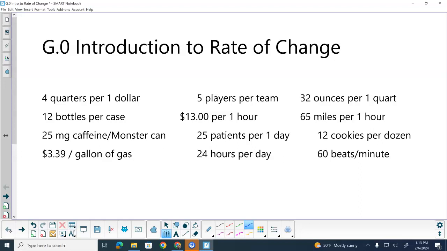Your wage is a rate of change. If you make $10 an hour, for every hour you work, you're going to make $10 more. But your job might be different than somebody else's job, so that's why there's different rates of change for wages and stuff like that.